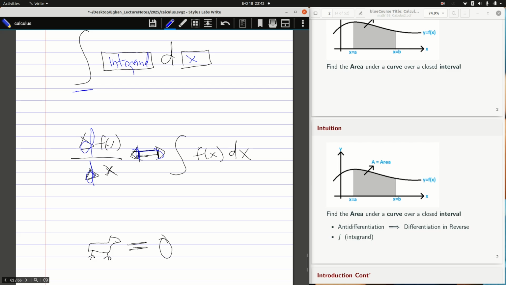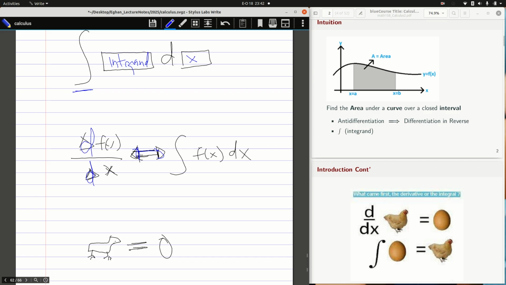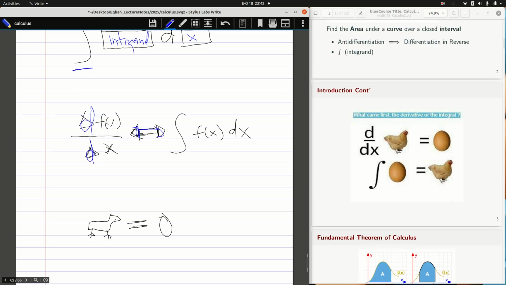So I have an interesting image for you to just have a feel of it. It says, which of these came first? Is it the cock, or can I say the hen, or the egg? Which of them came first? Is it the derivative or the integral? It means a hen, or I'm not so sure that it's a hen or a cock, gives birth or lays an egg.